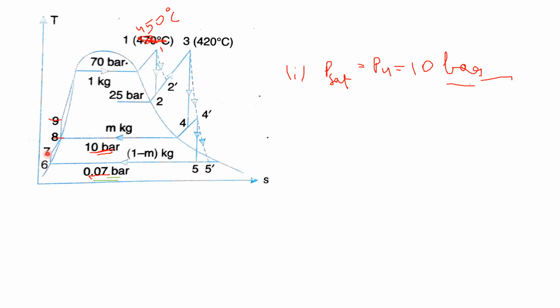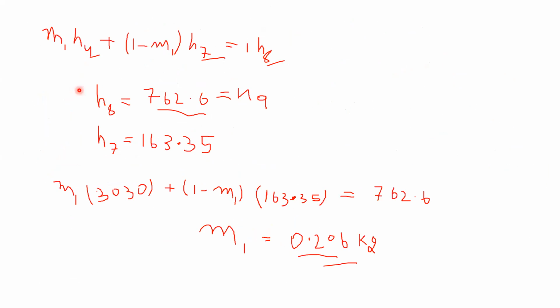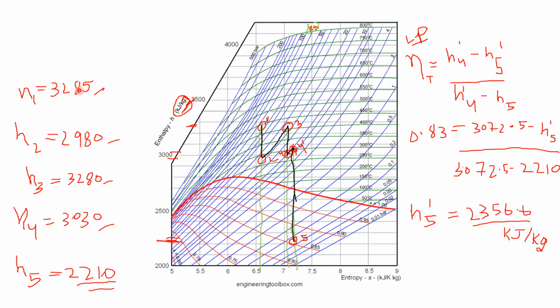Then comes condensation and pumping, regeneration, and compression, after which it goes to the boiling process. This is all about it. For this, you have to find the mass. You have to find all the enthalpies from the Mollier chart as well as the steam tables.